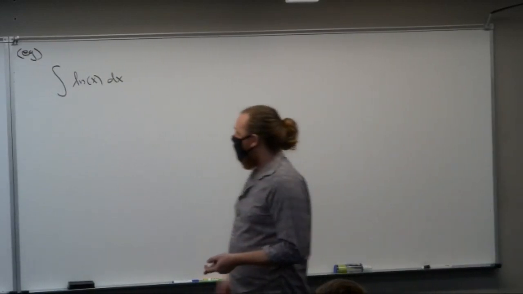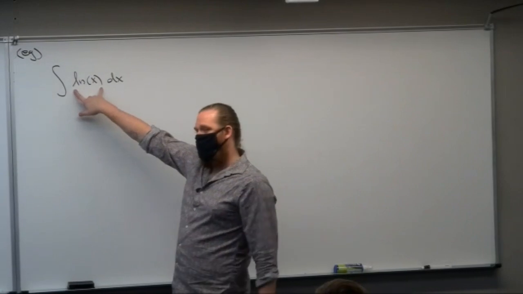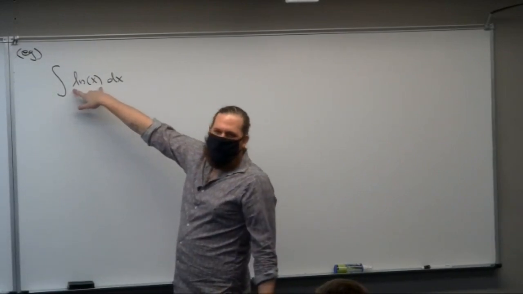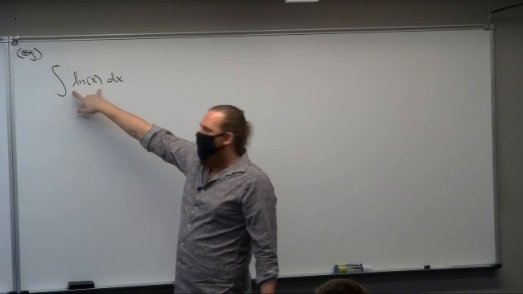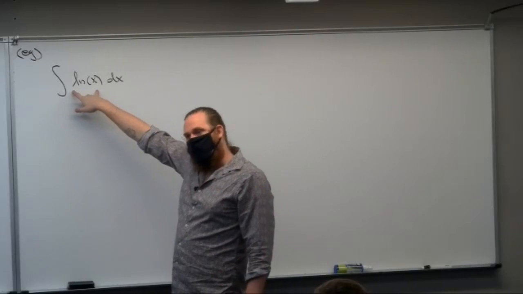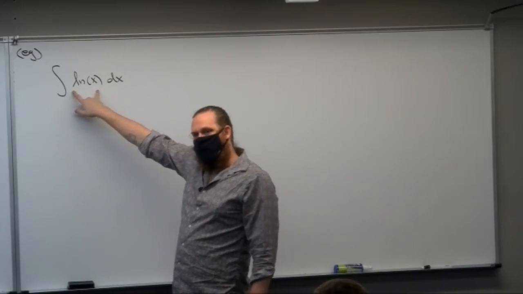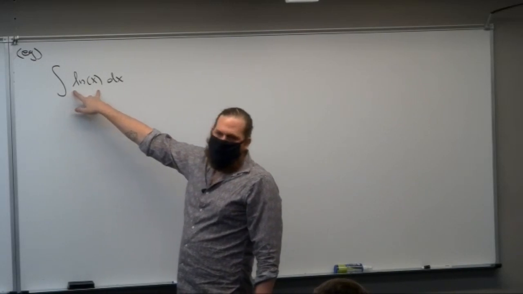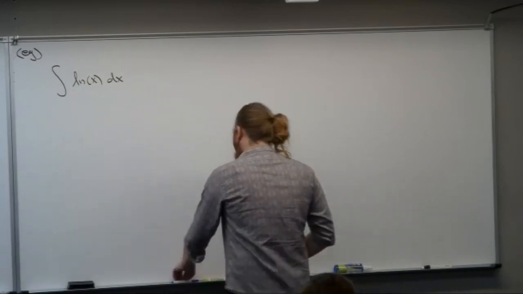But I do know that if I differentiate the natural log of x, it's no longer a weird function, right? This is an example of a function that is itself transcendental, but its derivative is a rational function. Its derivative is 1 over x. So if I were to swap this for its derivative, life gets better, which is a good hint.